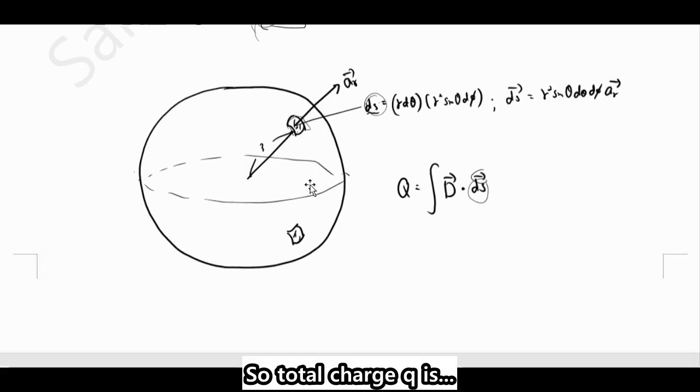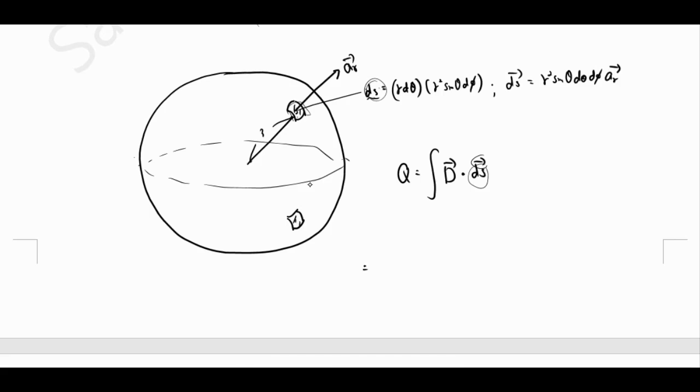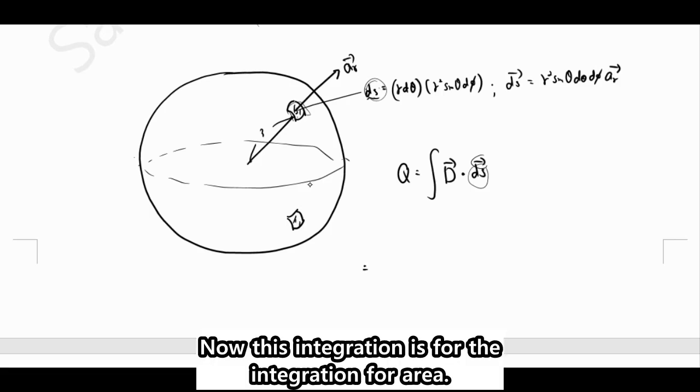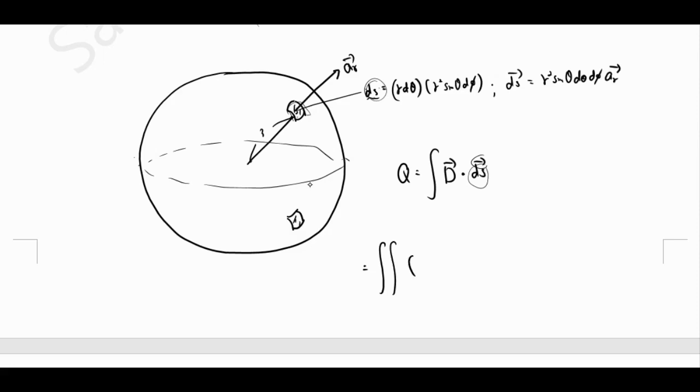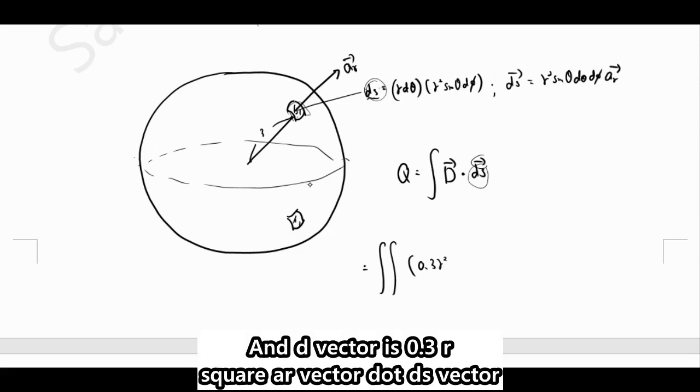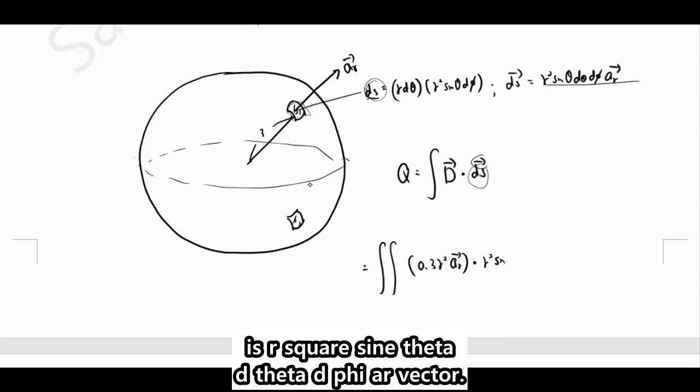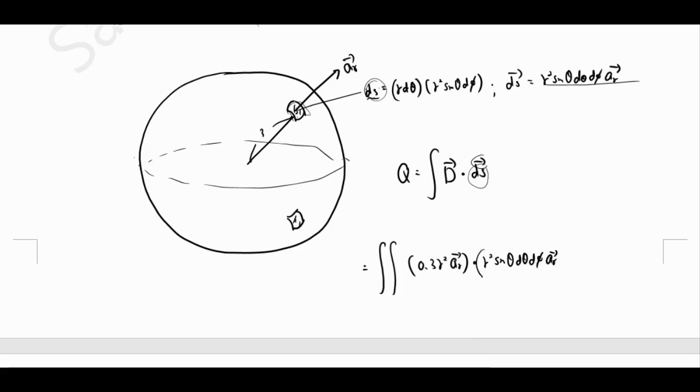So the total charge Q is a double integral over the area, with D vector 0.3 r squared a_r vector dot dS vector r squared sine theta d theta d phi a_r vector.